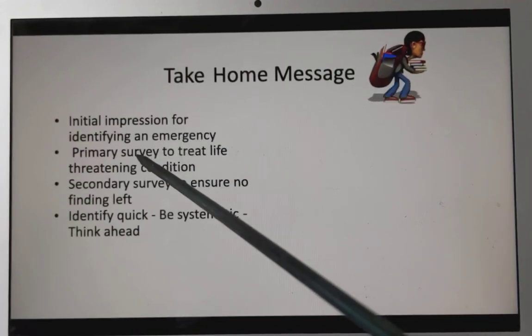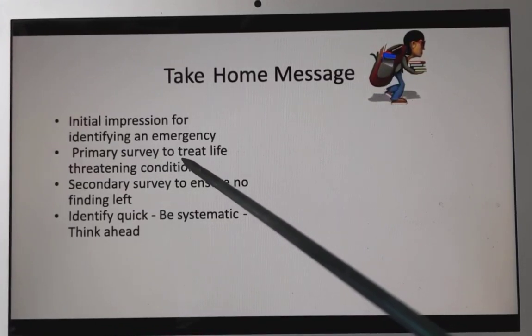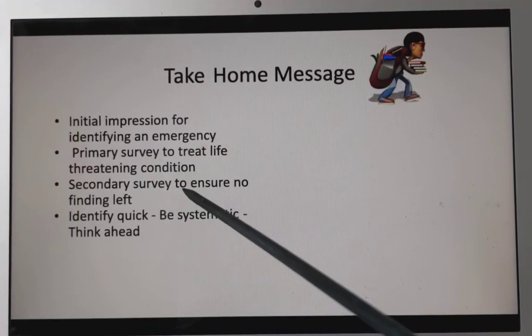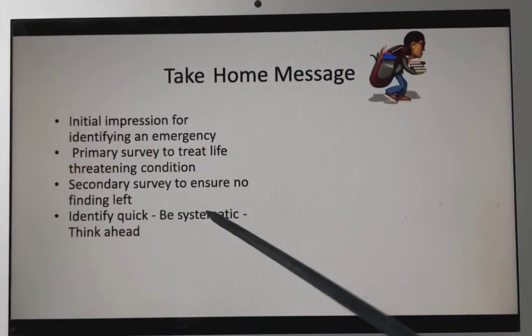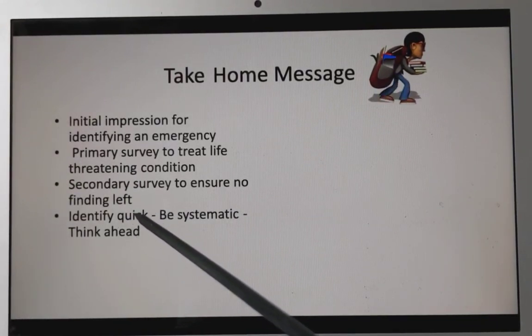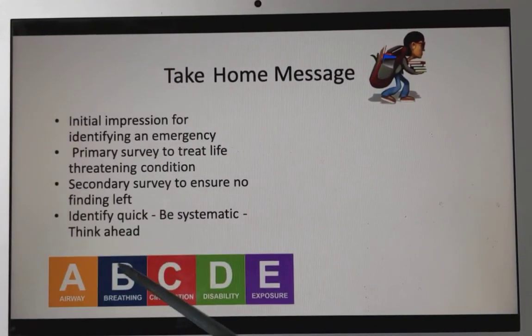Then you should move on to the primary survey to treat life-threatening conditions. Then you should move on to a secondary survey, a systematic head-to-toe approach to ensure no finding is left. So the take home message is identify quick, be systematic, and once you get into the practice of it, you'll be able to think ahead.